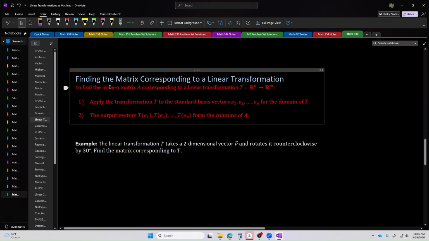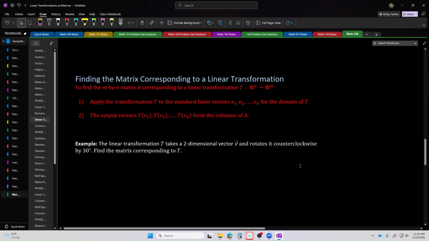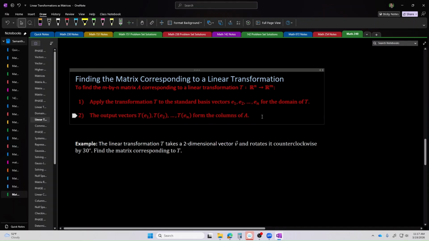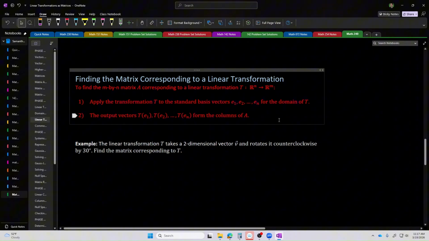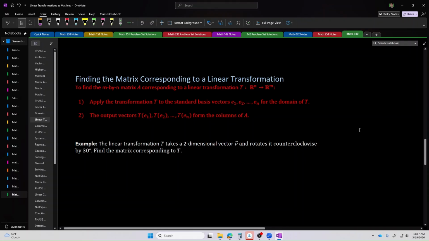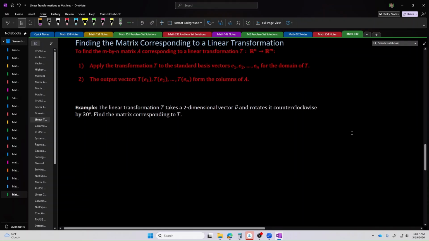If you want to find the matrix that corresponds to a given linear transformation, you start by applying the transformation to the standard basis vectors e1 through en, the standard basis vectors for the domain of T. And then once you have applied that transformation to these standard basis vectors, the corresponding outputs are going to become the columns of your matrix A, representing this transformation. Let's go ahead and work through this process so that you can see what this looks like in action.